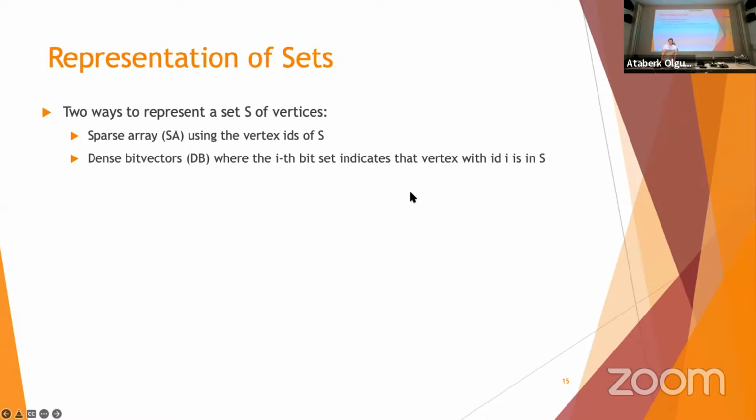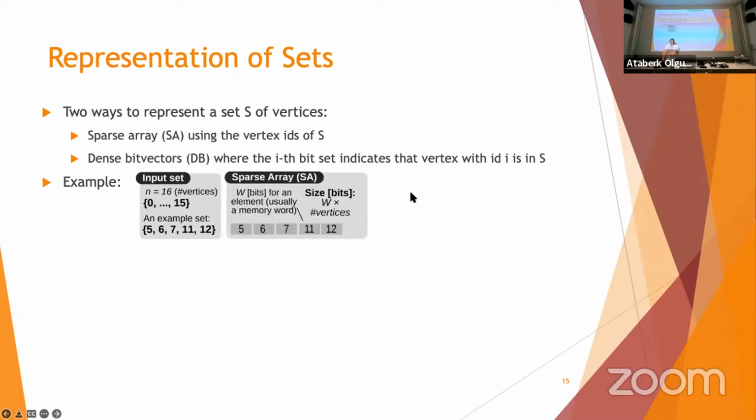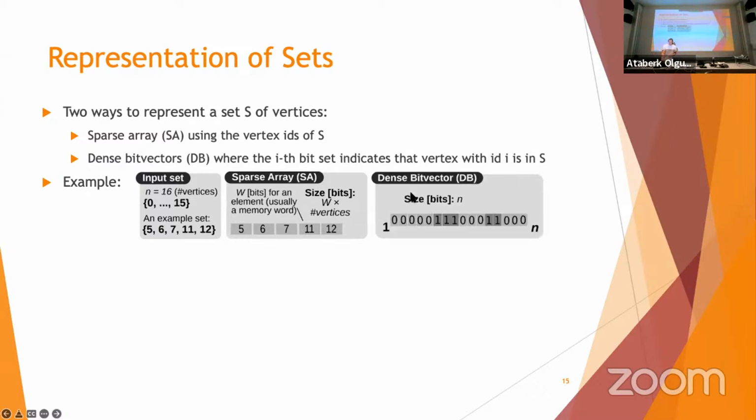This is maybe a little clearer with an example. Here we've got a graph with the vertices 0 to 15 and a sample set with vertices 5, 6, 7, 11, and 12. The sparse array just stores the integers 5, 6, 7, 11, and 12, while in the dense bit vector, bits 5, 6, 7, 11, and 12 are set to indicate those vertices are in the set, and all the zeros mean those vertices are not in the set.